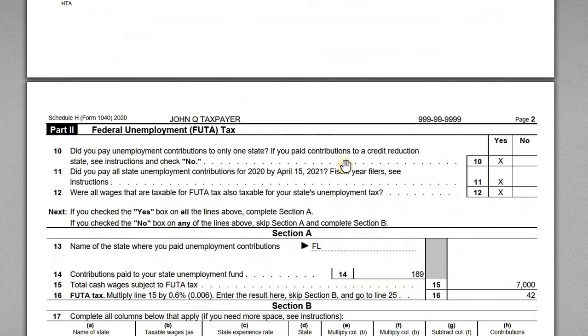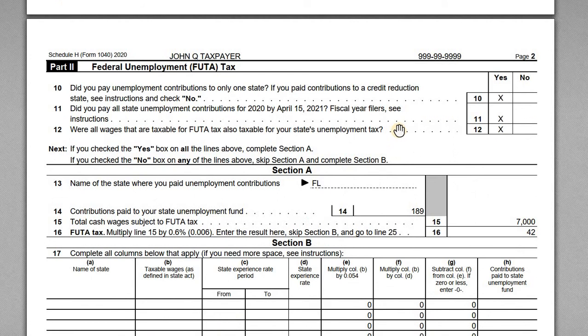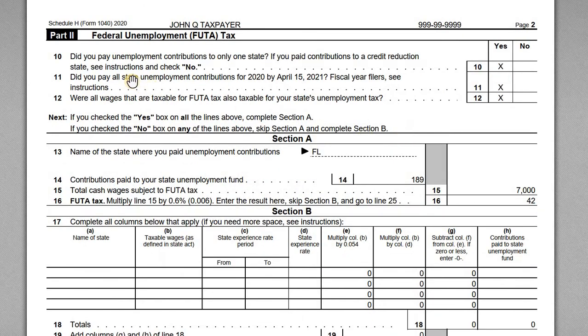Now, if we jump into Part 2, this is where we have the federal unemployment tax piece. Question 10 is asking, did we pay unemployment contributions to only one state? Yes, we did. We paid it to Florida and Florida only, so we indicate yes there. And we made all of our state unemployment contributions during 2020, so we paid that during the 2020 year, and we can say yes, we paid it before April 15th, 2021.